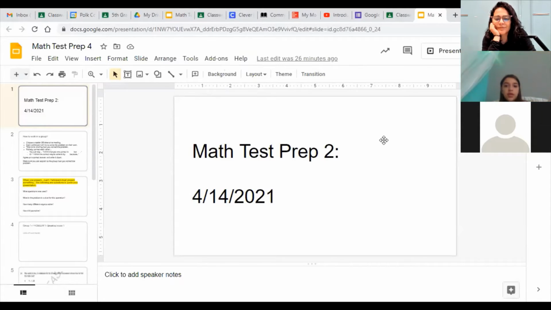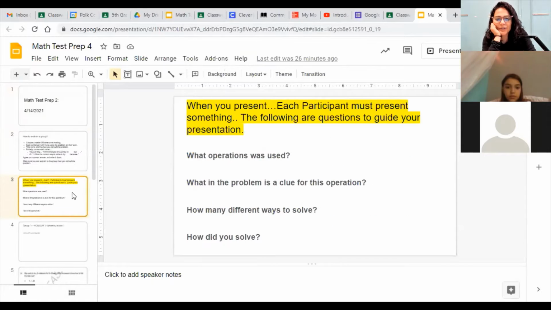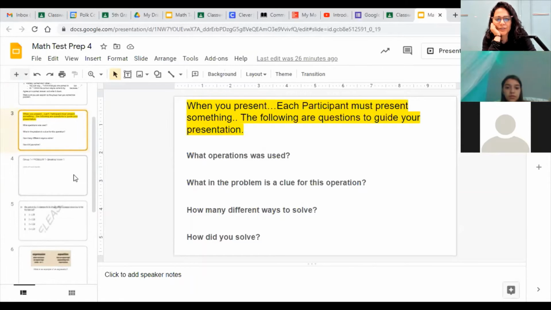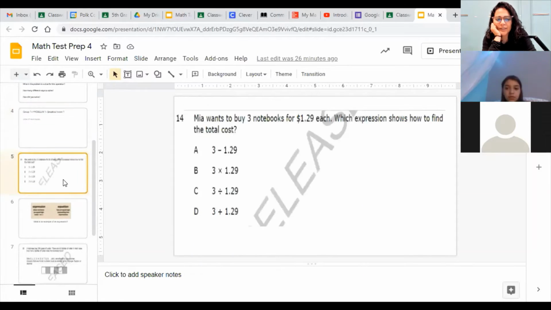Okay, so now I'm on the thing. Like now it says the math test prep thing. Sweet. And so there are different slides, and you can go to the different slides.